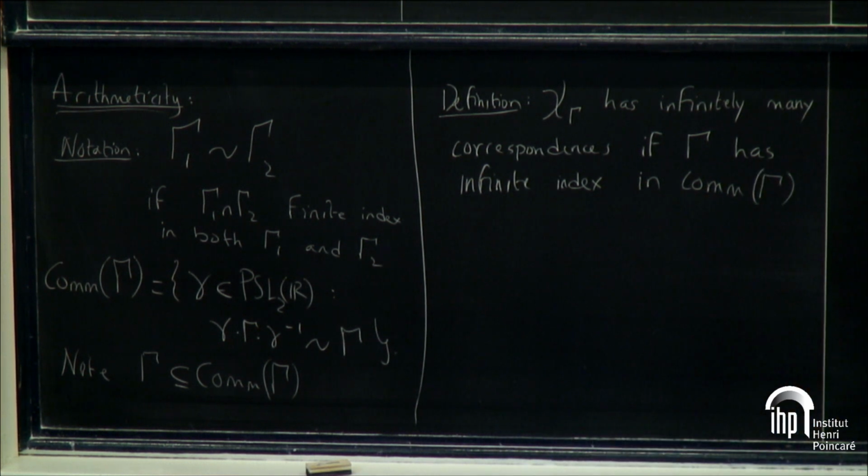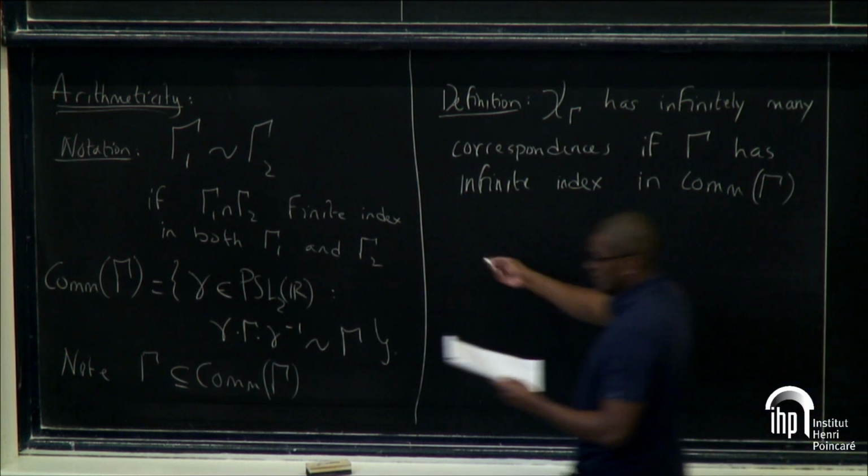And so here, if you think of PSL2(Z), having infinitely many Hecke correspondences would follow from the fact that gamma is large in its commensurator.